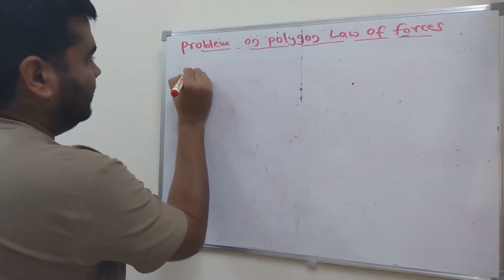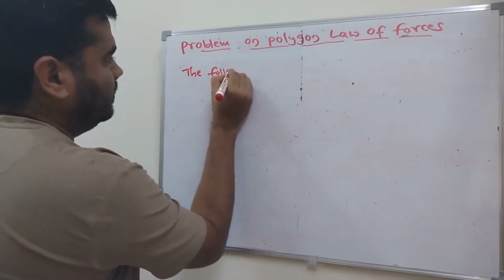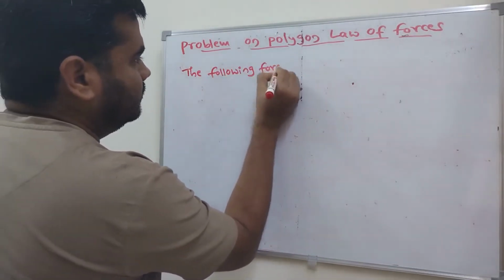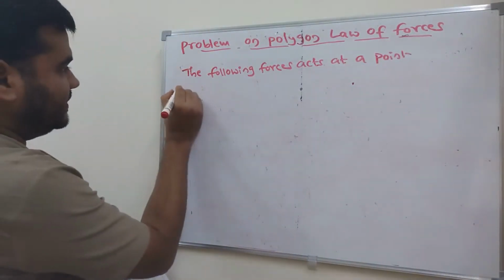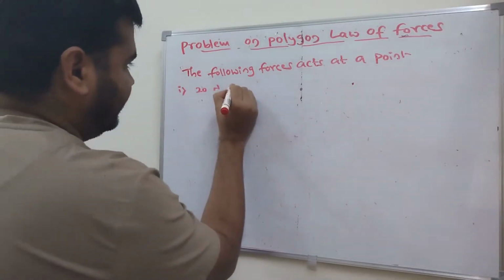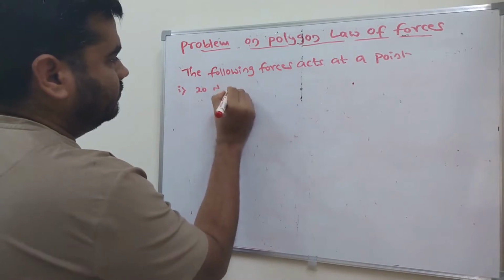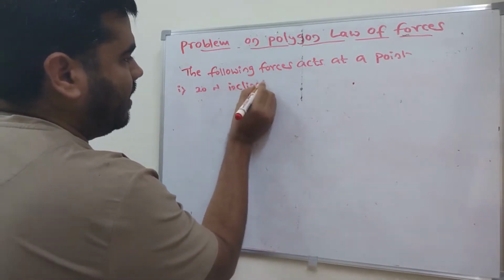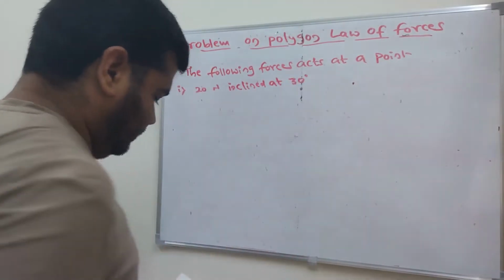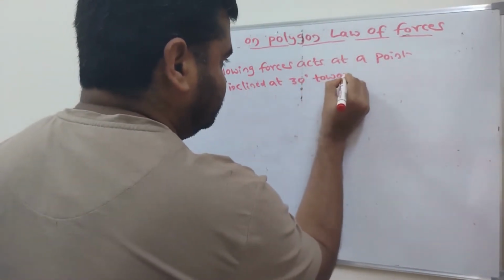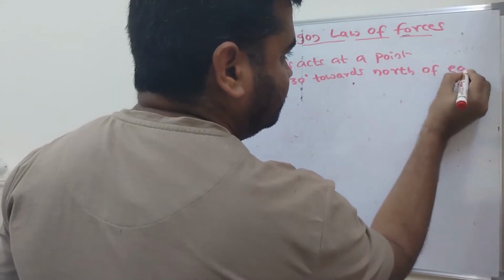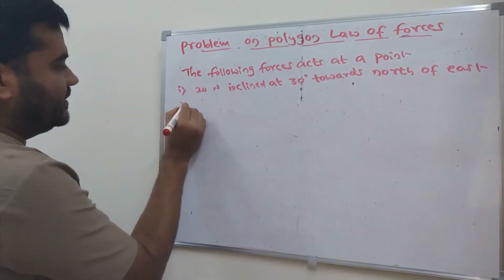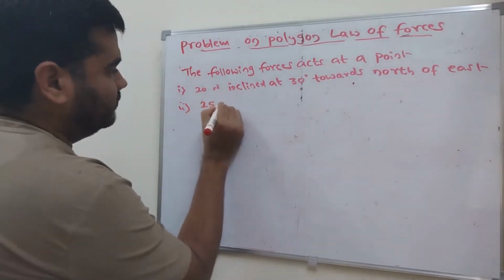The problem: the following forces act at a point. The first force is 20 Newton inclined at 30 degree towards north of east. The second force is 25 Newton towards north.